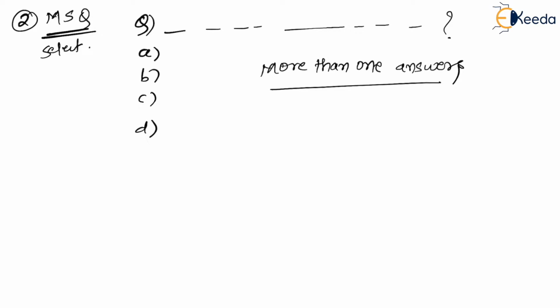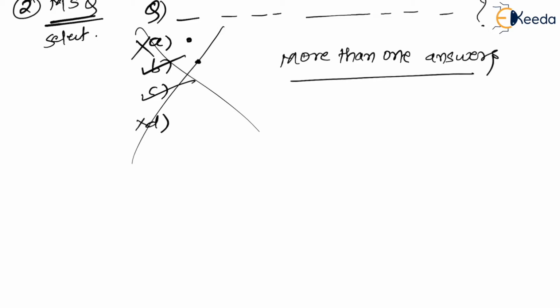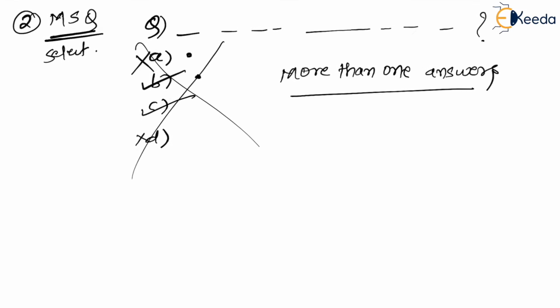For example, the answer is option B as well as option C. If the answer is B and C, and you have only written B, or only A, or A and D, then the answer is going to be wrong. But here you have no negative marking. There is no negative marking for MSQ questions, meaning you will be safe.